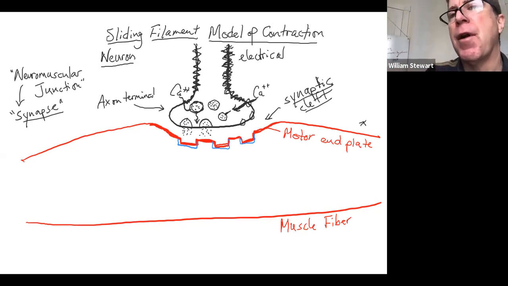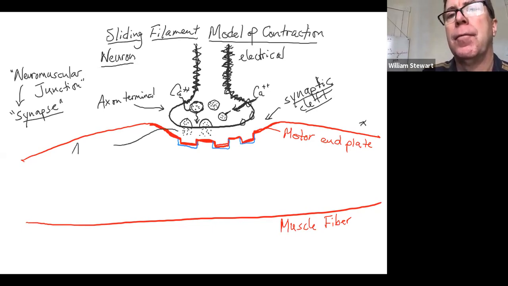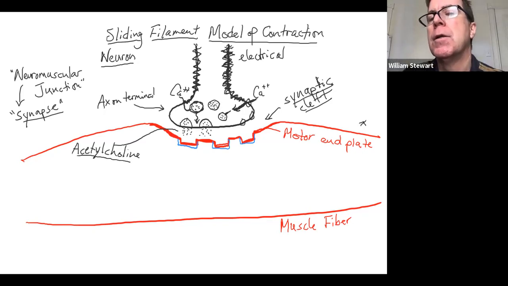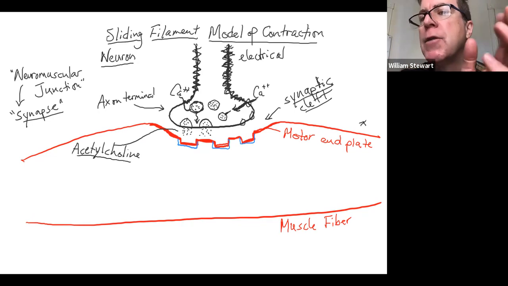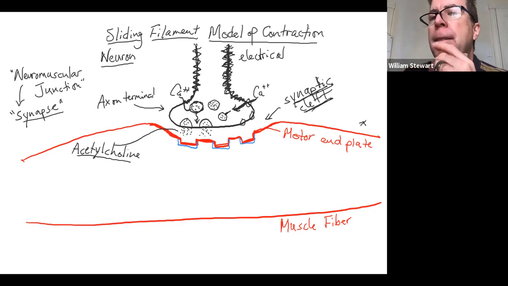Now that neurotransmitter has a fancy name. It's called acetylcholine. That's just the specific name of that chemical. So if you hear me say acetylcholine is released, it just means that this neurotransmitter is released into the synaptic cleft.